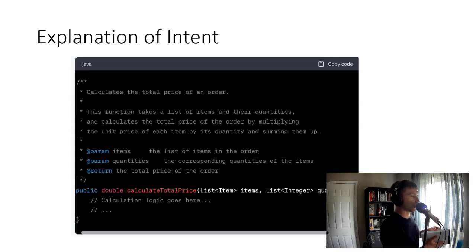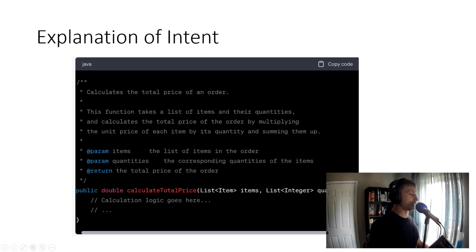So again, continuing forward, there's this use case of an explanation of intent. So basically explaining what your function or whatever piece of code is going to be doing. Maybe you're explaining the parameters and what it's returning, the purpose of it, and that's what this code block here is for. So you can see here we have this function calculate total price.